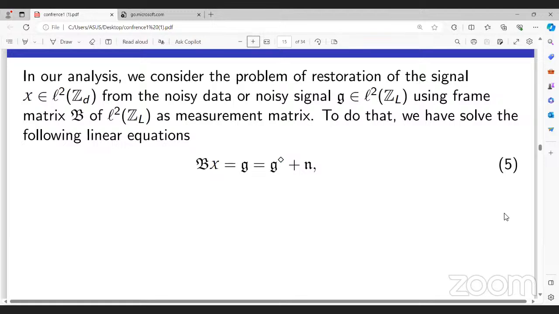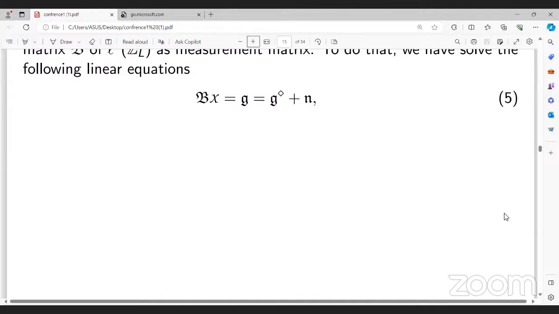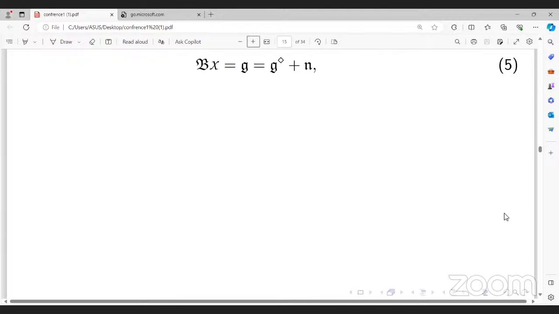Using the frame matrix B as a measurement matrix, we solve the following linear equation: Bx equals g, where g is corrupted by noise. So we can write it as g diamond plus n, where g diamond is the error-free vector.